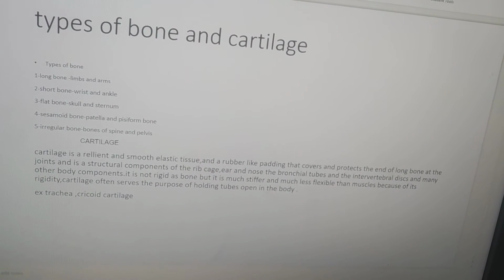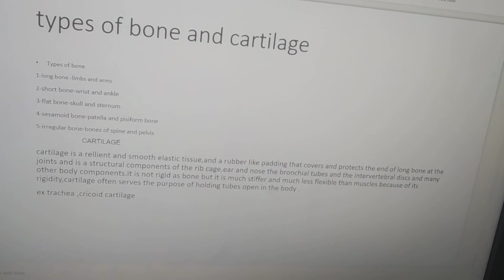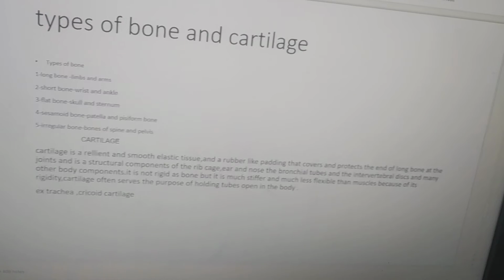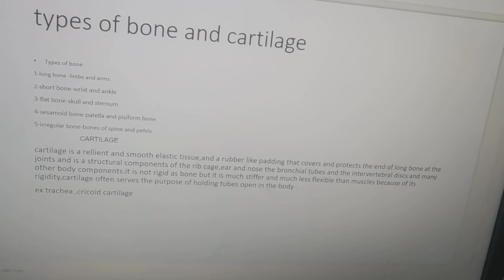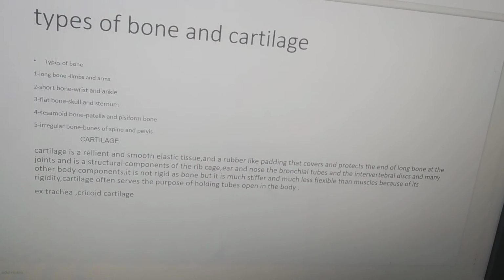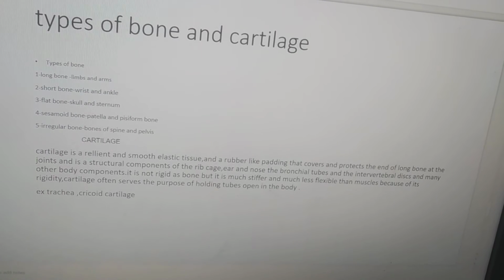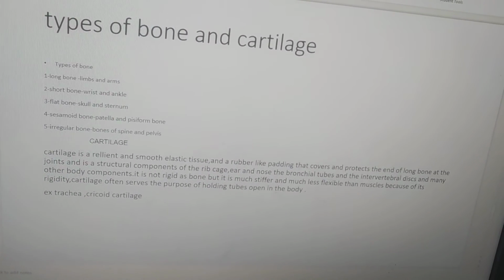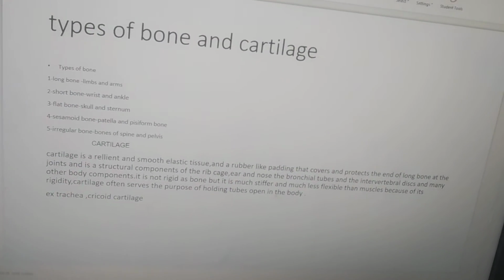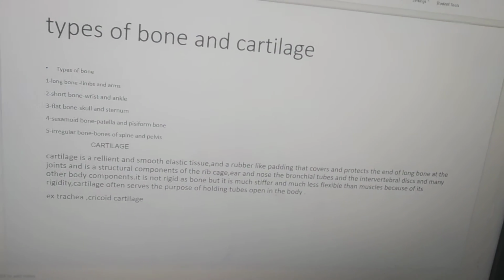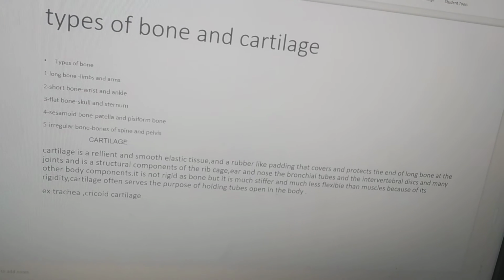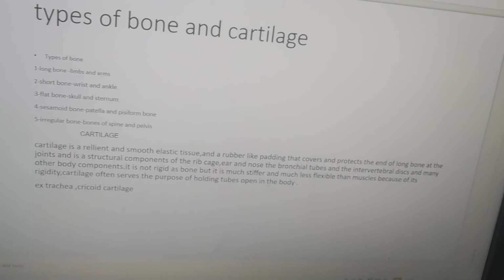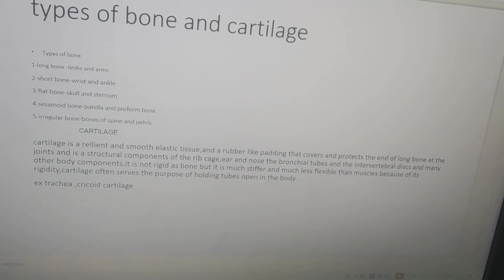It is not as rigid as bone, and it is much stiffer and less flexible than muscle. Muscles are the most flexible, but cartilage is not that flexible. It protects joints.